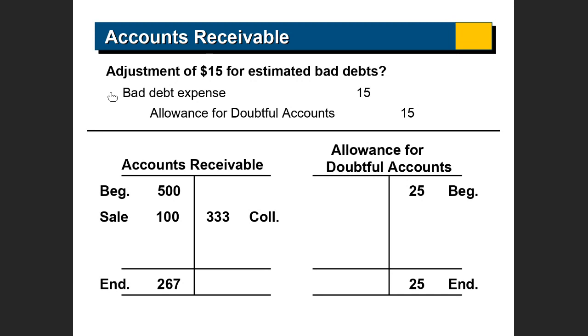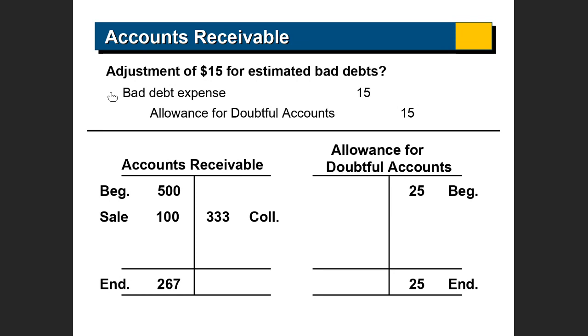and we make an estimate. There are methods of doing this estimate based on past history, based on what you collected in the past years, right? So you make an estimate that out of this 267, you are not going to collect $15. Which customer you don't have to identify, right?